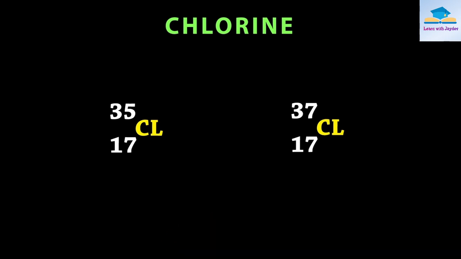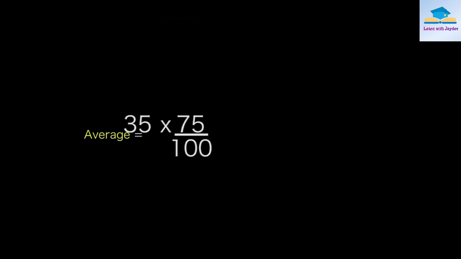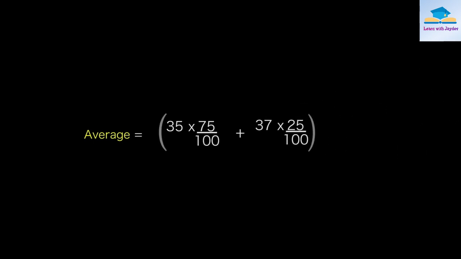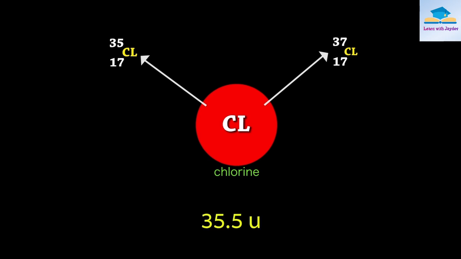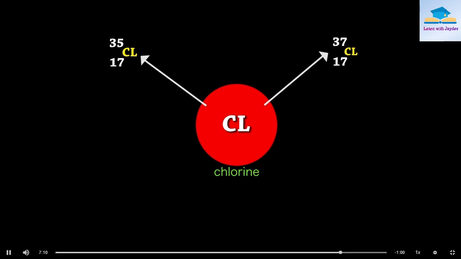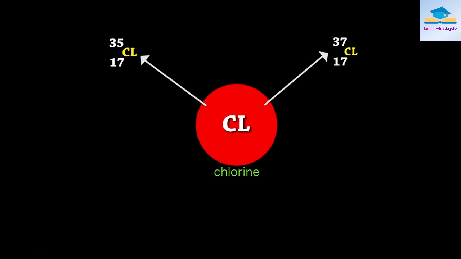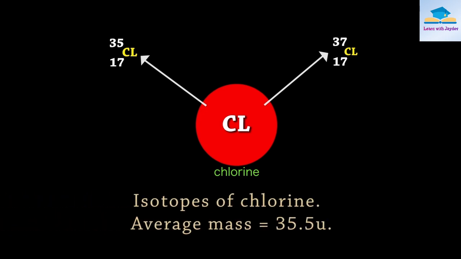So, the average atomic mass of chlorine atom is. This does not mean that any one atom of chlorine has a fractional mass of 35.5. It means if we take a certain amount of chlorine, it will contain both isotopes of chlorine and the average mass is 35.5.